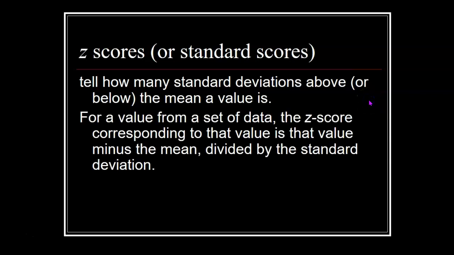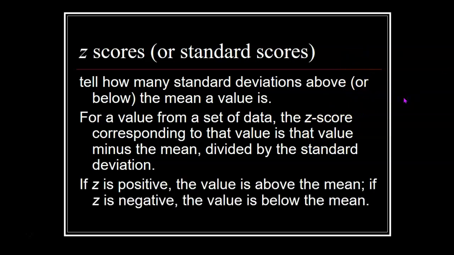So for any value from a set of data, the Z-score corresponding to that value would be what you get when you take that value minus the mean and then divide by the standard deviation. So that could end up being positive or negative. It would be positive if the value you started with was above average, and it would be negative if the value you started with was below average.